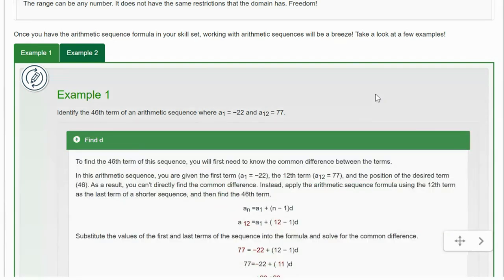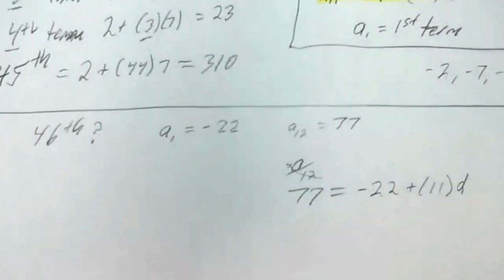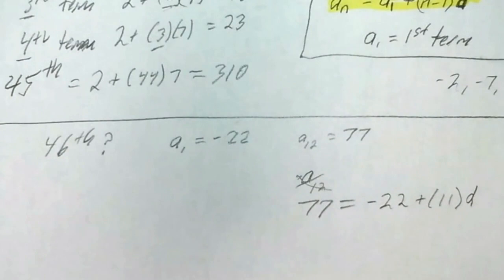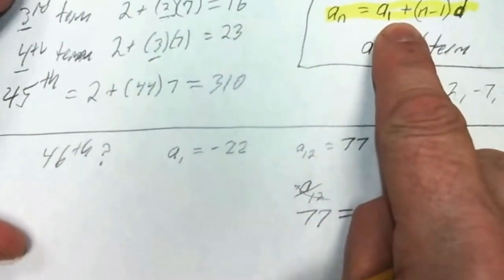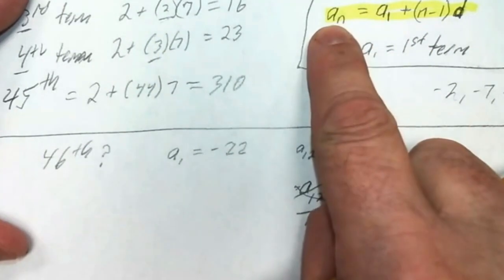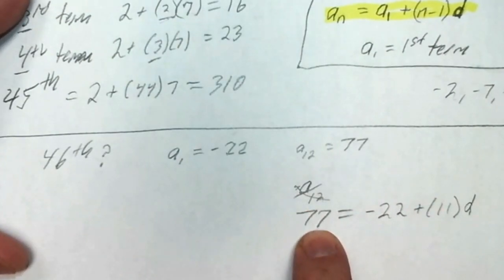And this is how they do that. So they're going to use the first term and the 12th term using this formula right here, using the explicit formula. So let's do what they're doing here. Okay, we want to find the 46th term. They gave us the first term and the 12th term. If we go to the explicit formula, it says the 12th term, which we know, let's say it's 77, right?